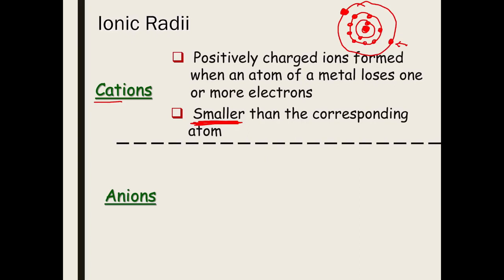It's going to be more attracted to the nucleus, and it's going to be able to be drawn in tighter. And so that will happen for each electron that you pull off. All of the other valence electrons will be better able to be attracted to the nucleus because they're not being repelled by these other electrons.